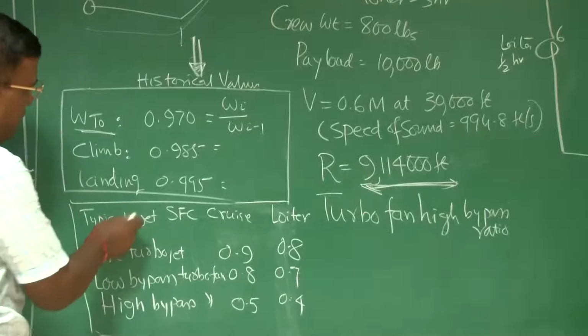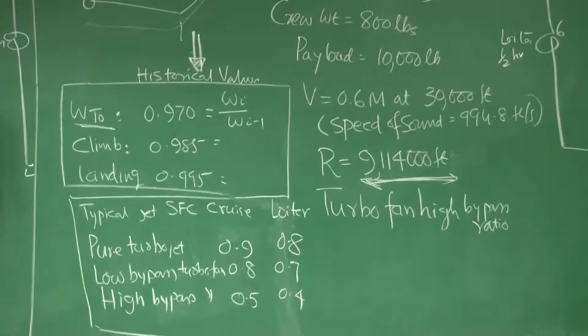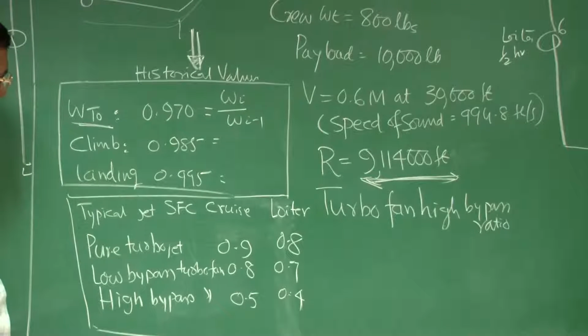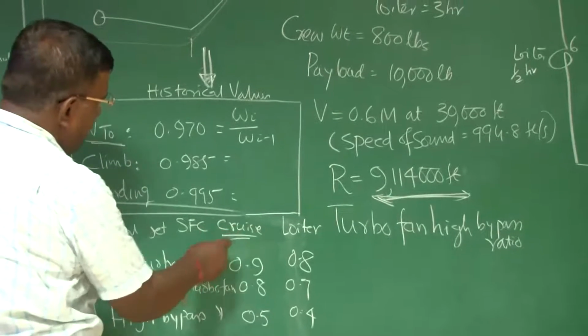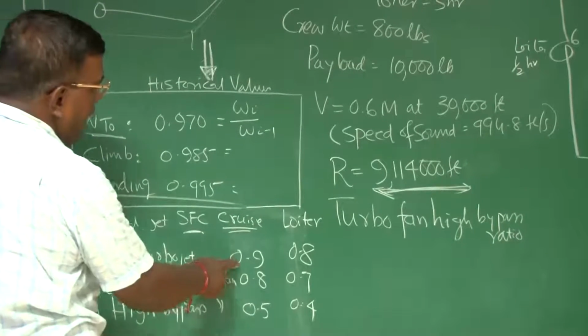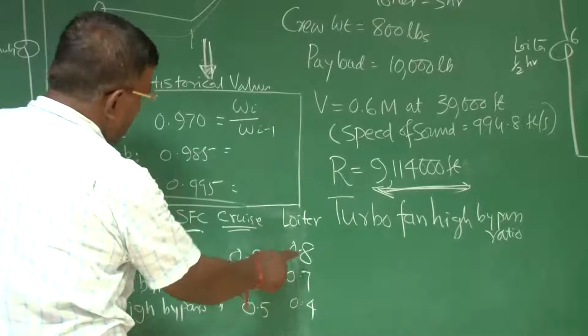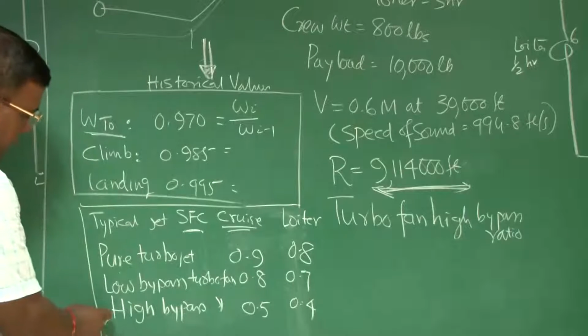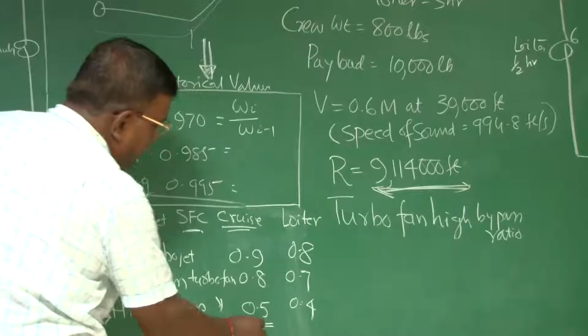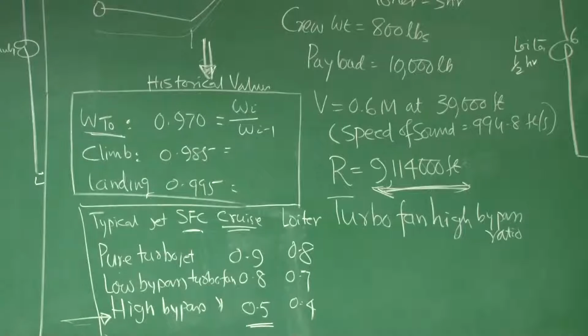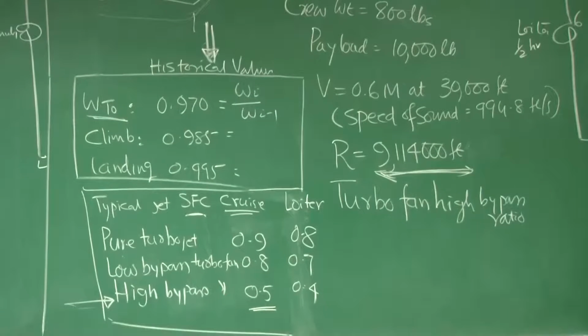So I again come to the turbojet or typical SFC for jet. I could see for a pure turbojet, for cruise I should take the value of C or SFC as 0.9. If it is loitering, then it is 0.8. But we are interested in a high bypass ratio turbofan. So I will take 0.5 for the cruise and 0.4 for the loiter. These are again based on historical data.